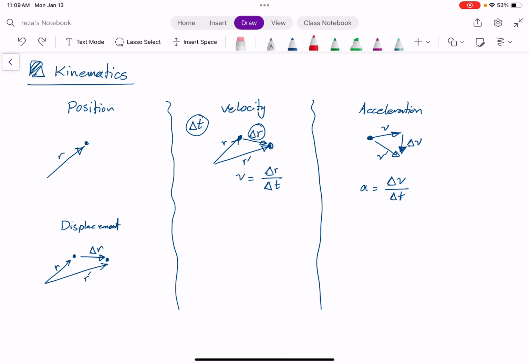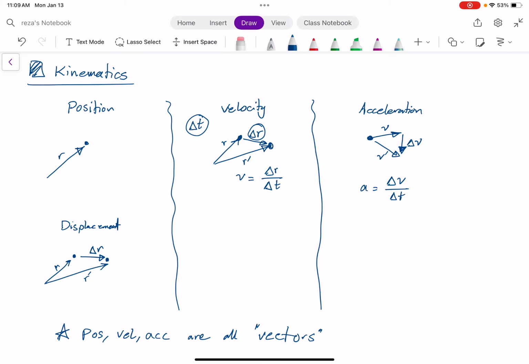Position, velocity, and acceleration are all vectors, vector quantities, meaning that not just the magnitude is important, how far you are from a reference point, but also in what direction you are relative to that, or when it comes to velocity or acceleration, what is the direction of that displacement or change in speed.